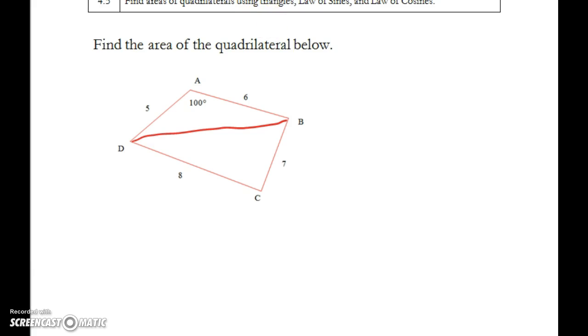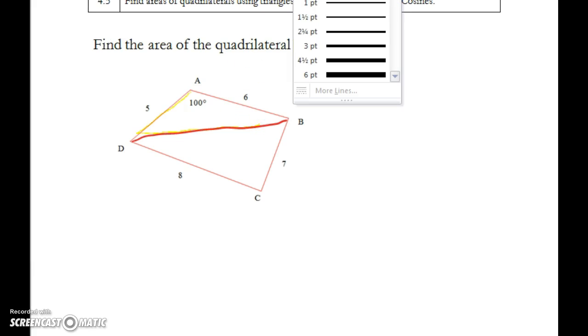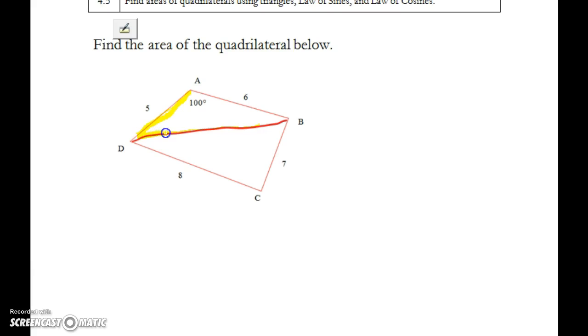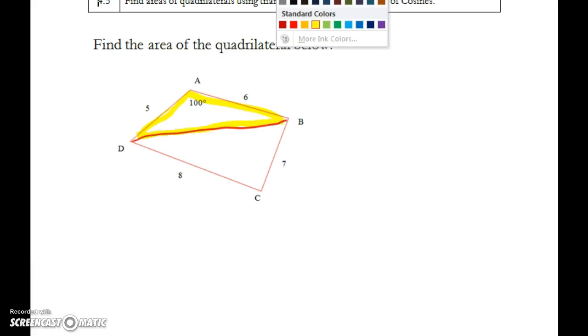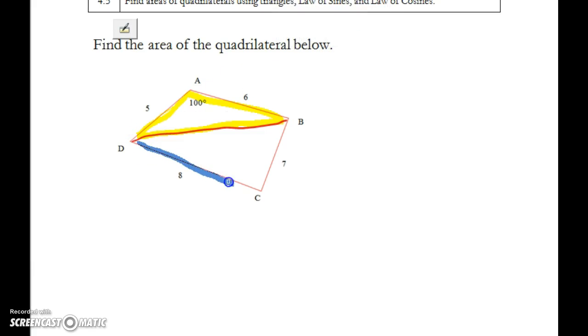So let's consider our triangles. We have a yellow triangle in here, and we have a blue triangle here. And let's separate our triangles out.